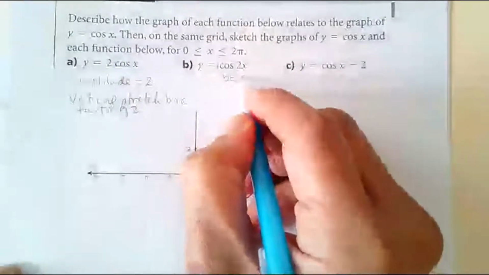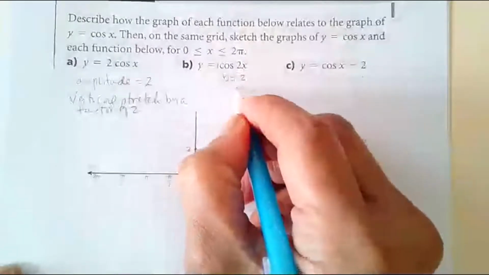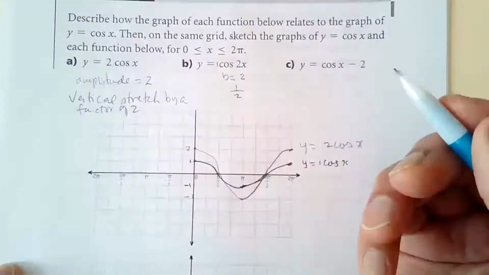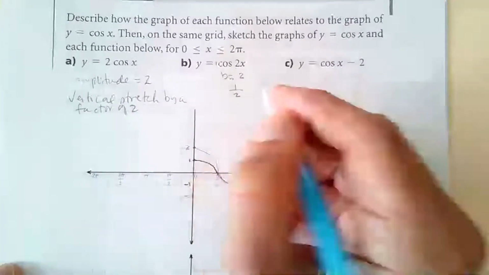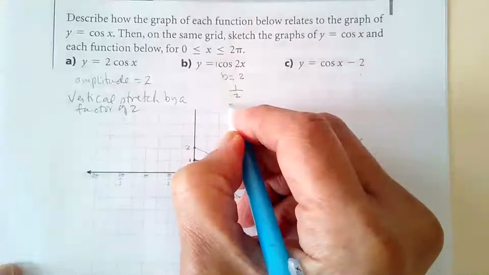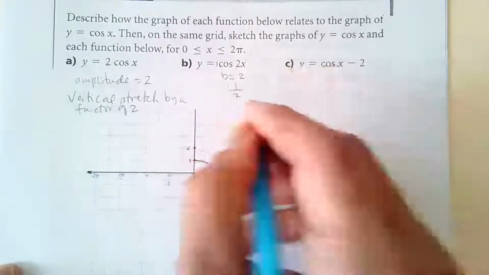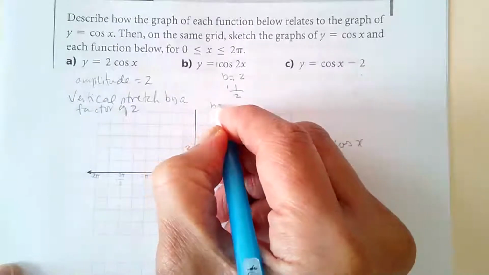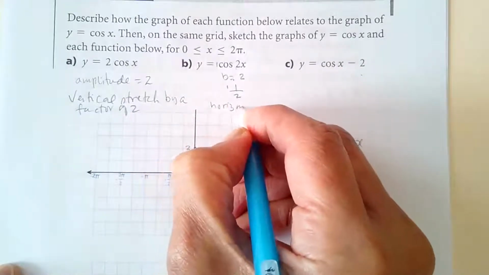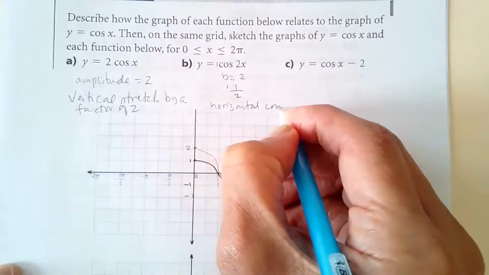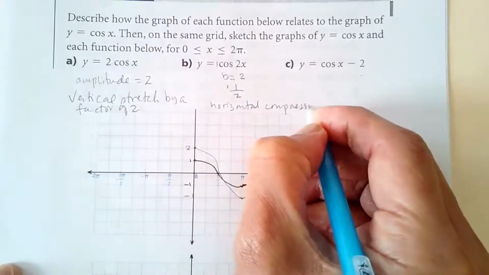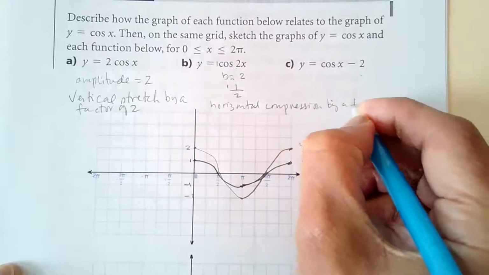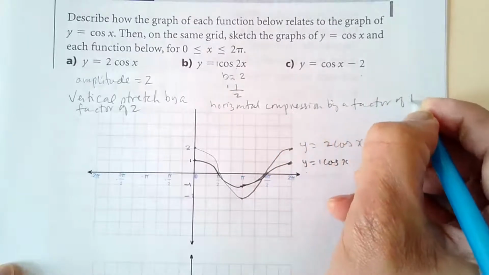So b is equal to 2. So the compression is 1 over 2. So we have a horizontal compression by a factor of a half.